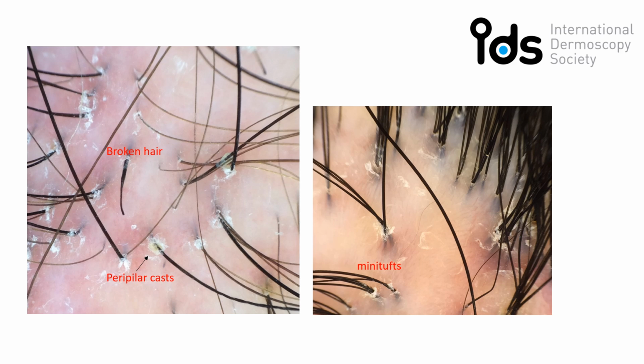You can see also broken hairs. You can see peripilar or also perifollicular erythema, which corresponds to the inflammation in the skin. And the affected hair follicles are usually organized in mini tufts or groups of hairs that come out from the same infundibulum, and they're usually surrounded by these peripilar casts.